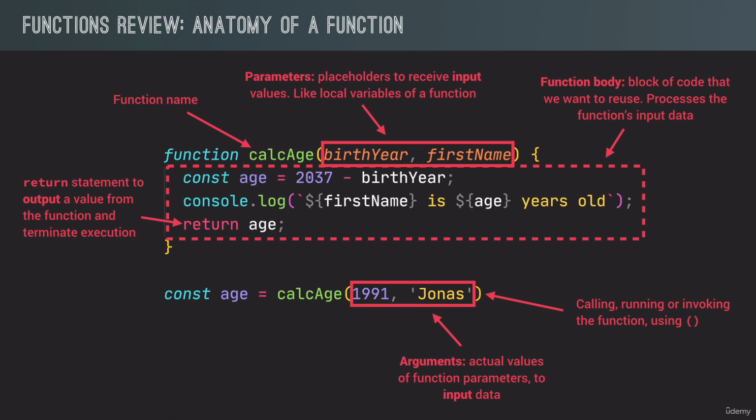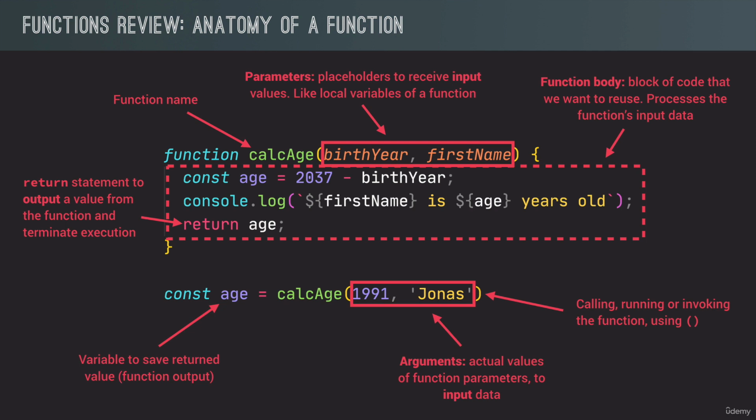Then, once the calcAge function has finally done its job, all this expression will basically be replaced with the returned value. So in this case, the age that was calculated here. And that age value is what we then store into this age variable. So we use this variable to basically save the returned value that was outputted from the function.